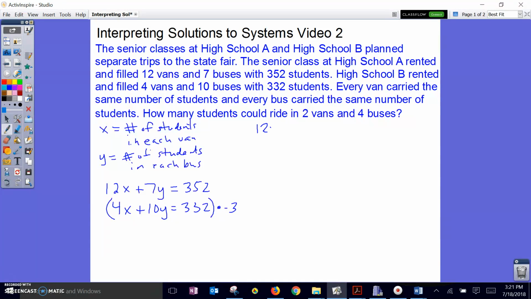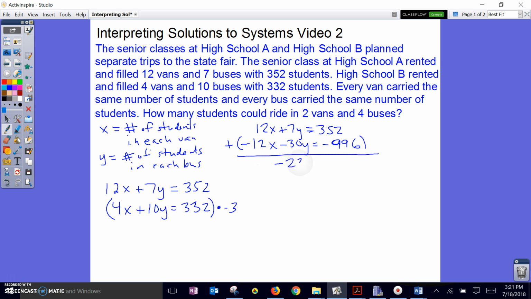So I'm going to go ahead and set it up that way. 12x plus 7y equals 352. And -12x minus 30y equals 332 times -3, -996. Alright, now I'm going to add those 2 equations together.